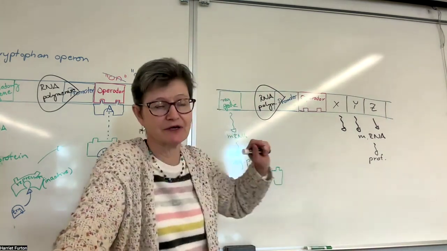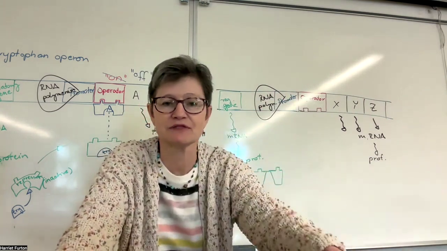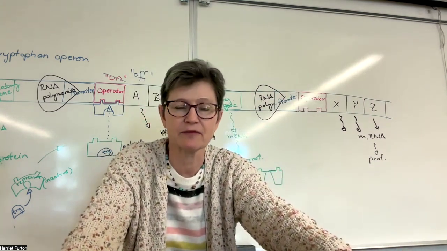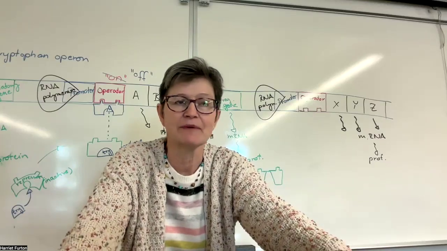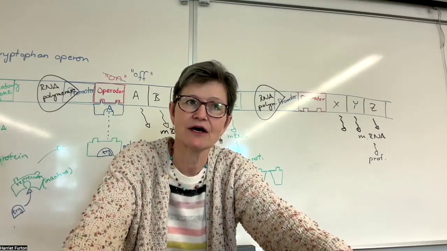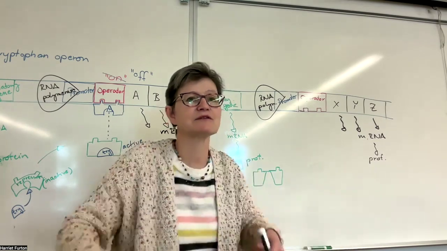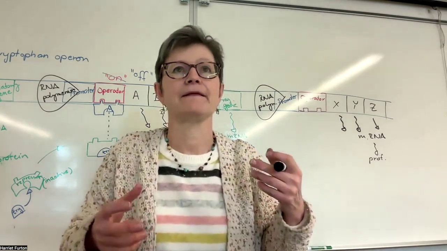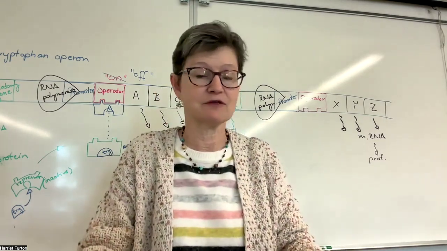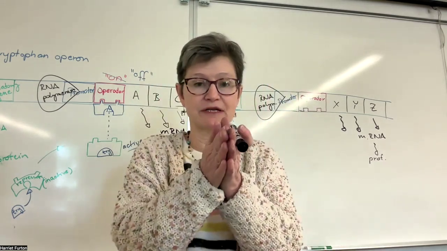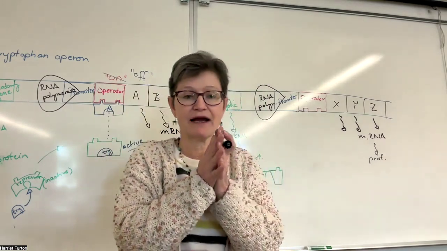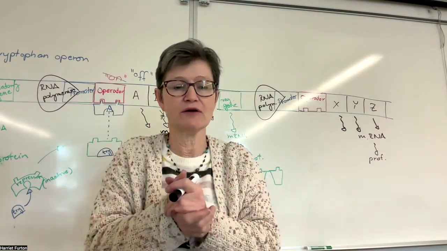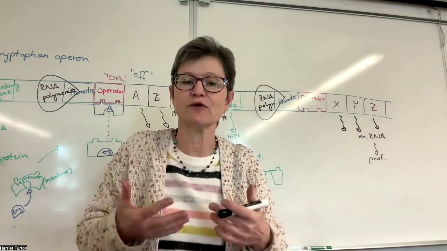So if glucose and lactose are present, the bacteria will use the glucose to make energy for itself. But if there's no glucose, in this case, the bacteria will use the lactose, but it has to be broken down into monomers because lactose is a disaccharide and has to break down into monosaccharides to be able to use it.